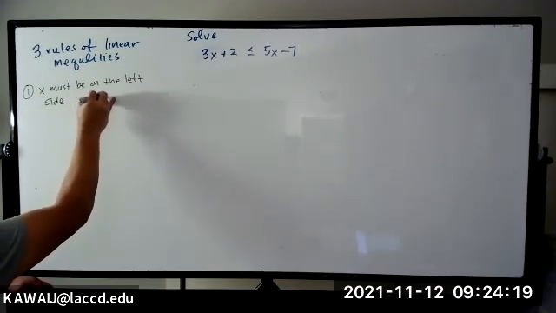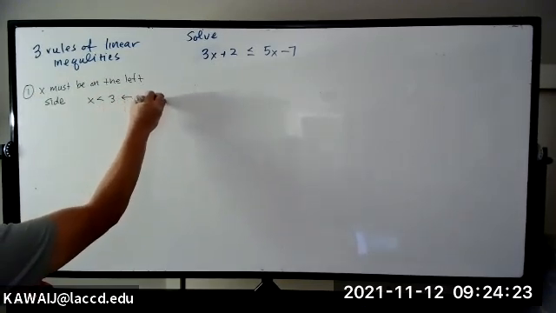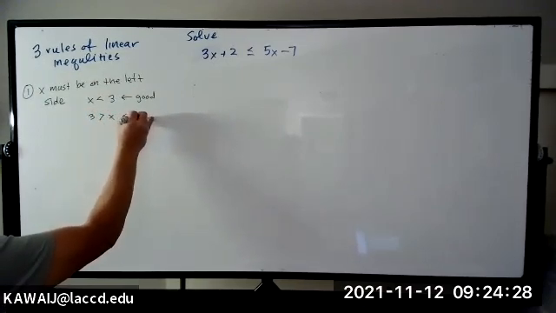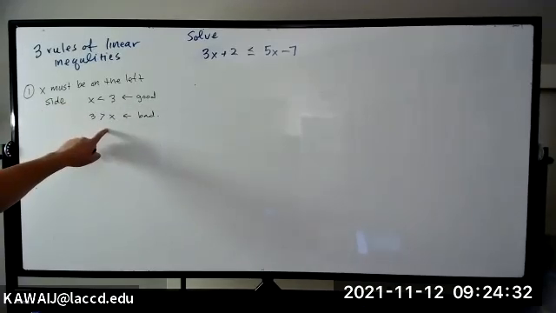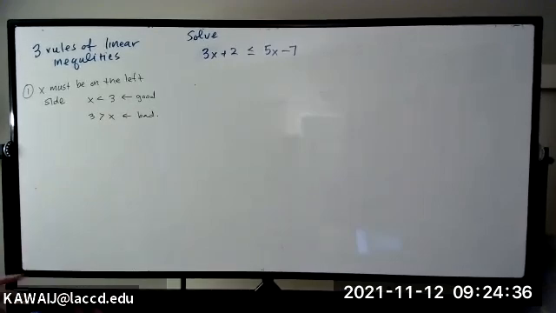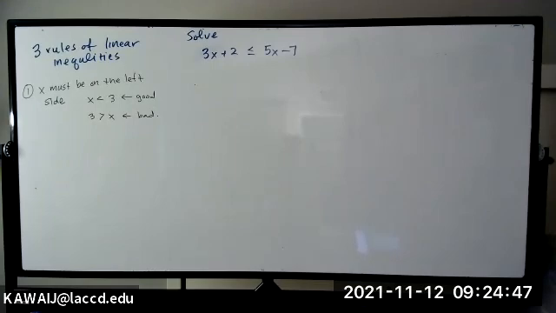So if you have x is less than 3, this is good. If you have 3 is greater than x, this is bad. Okay, so this is okay, this is not okay. So if you have this situation, you have to find a way to switch the variable and the constant, switch places. Okay, let me let people copy that.